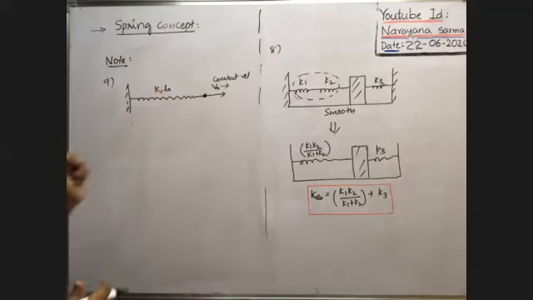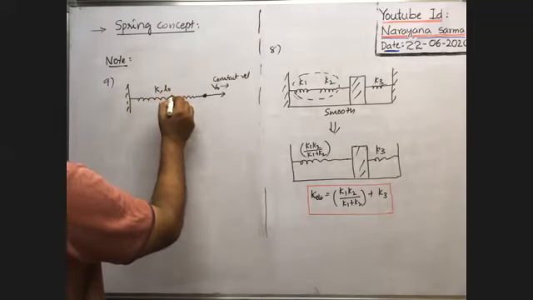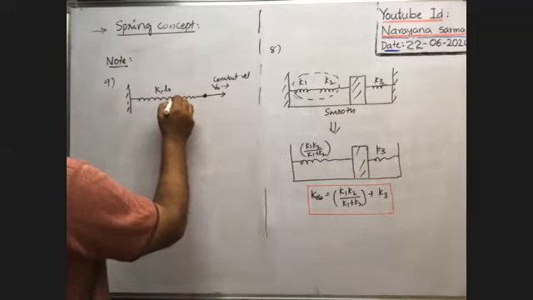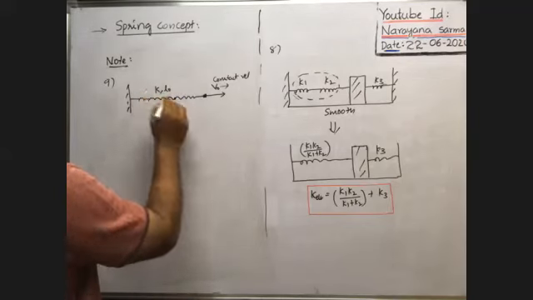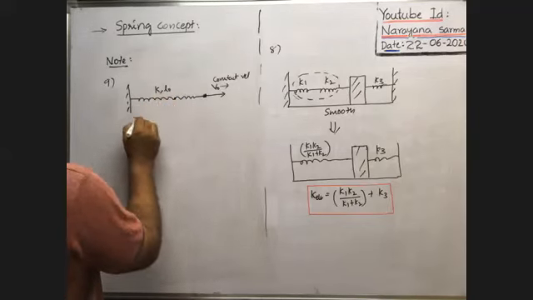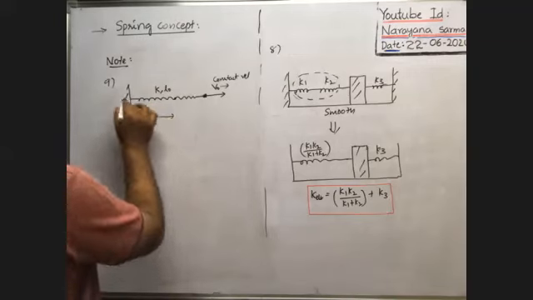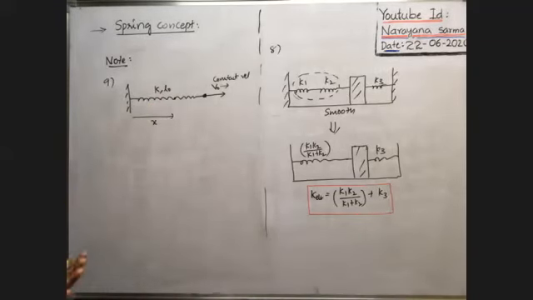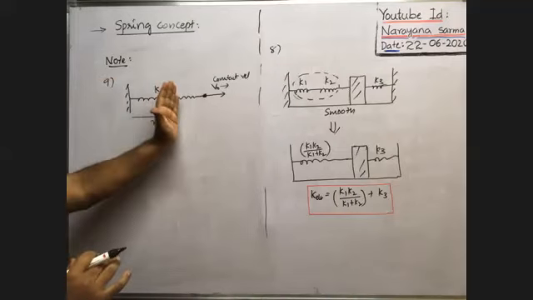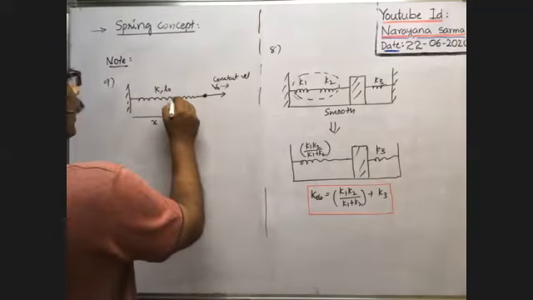What is the velocity of any point in the spring which is at a certain distance x from the first end?